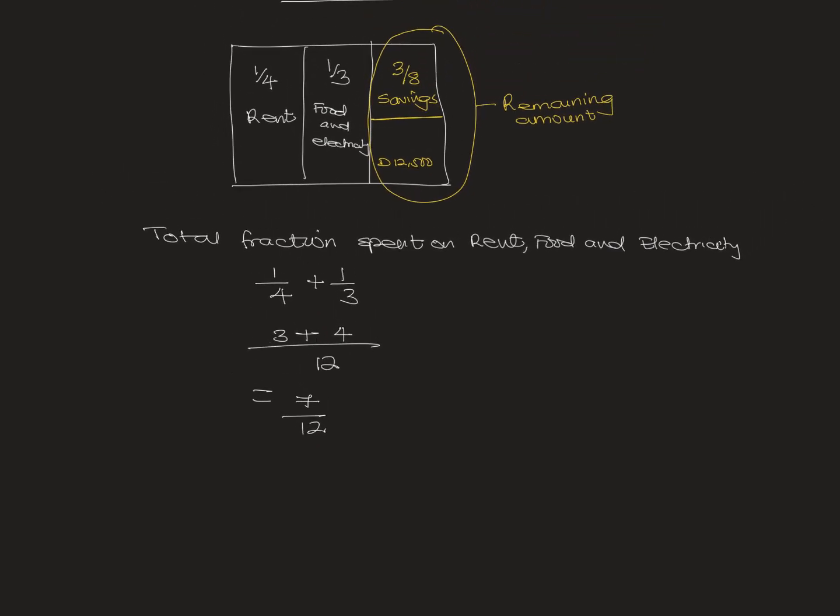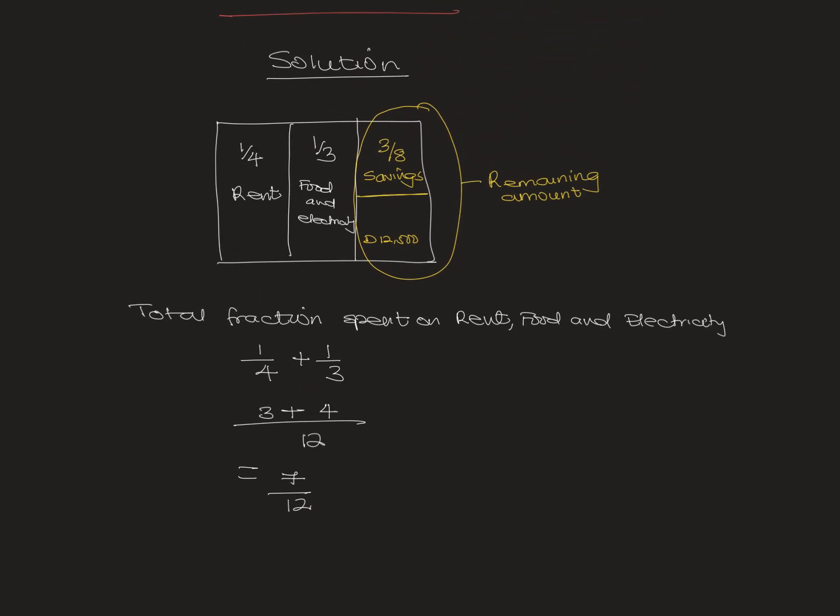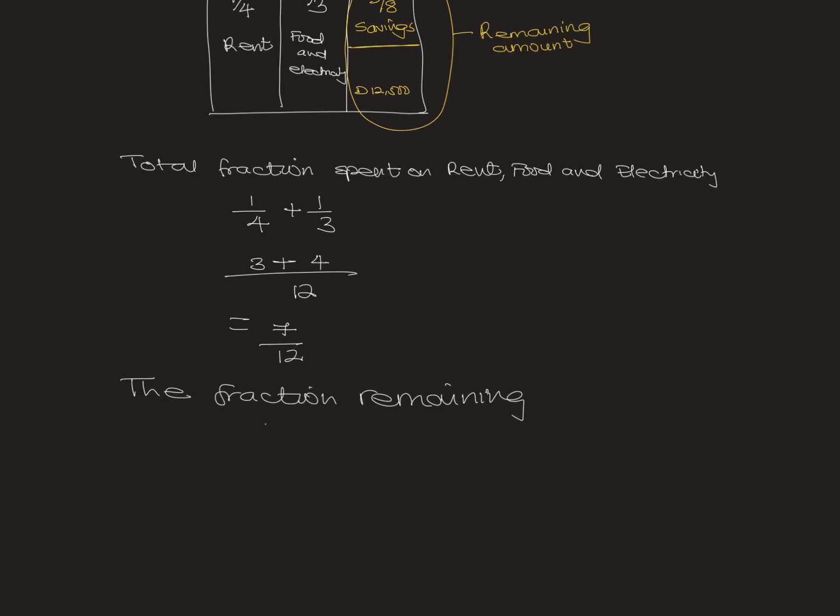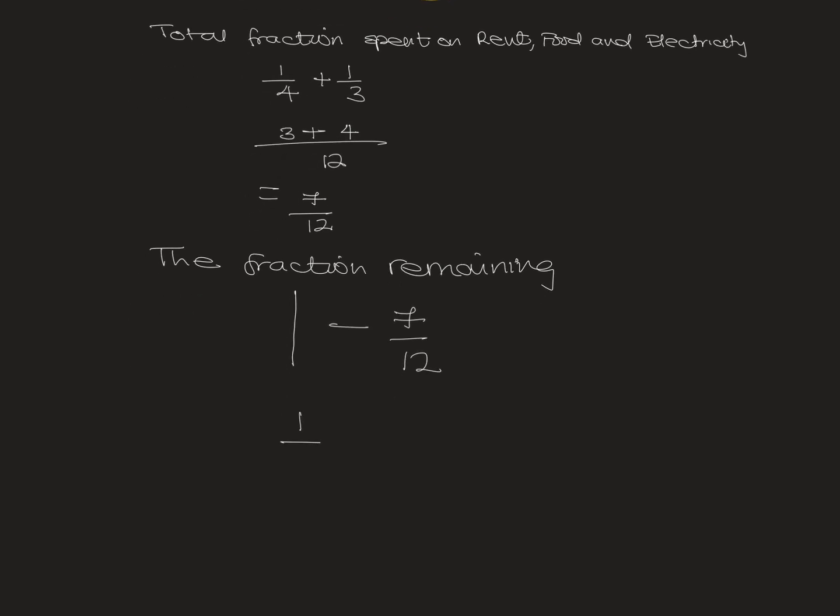Then I can know the fraction that was remaining, since the combination of these two fractions gave me 7/12. So the fraction remaining, we know that the total fraction must be equal to 1. So that means it's going to be subtracted from 1. That will be 1 minus 7/12. That will be 1/1 minus 7/12.